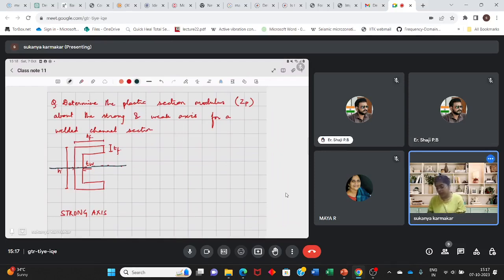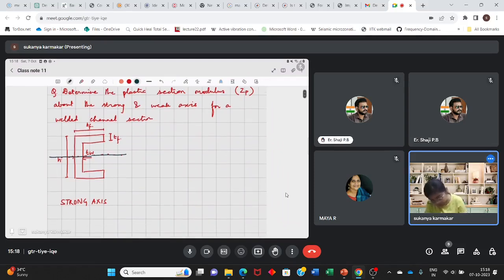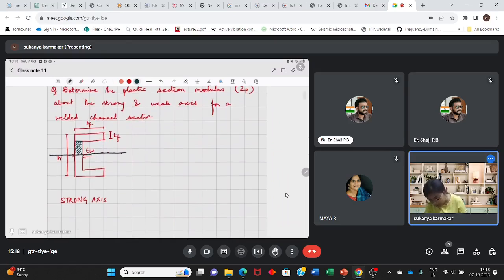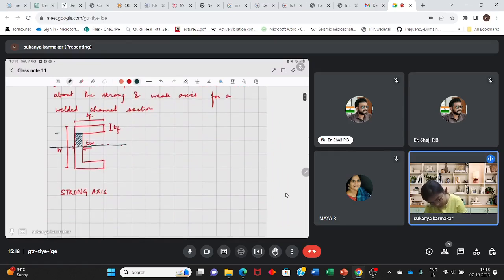So for this section, let's take this portion. What is the height of this portion?